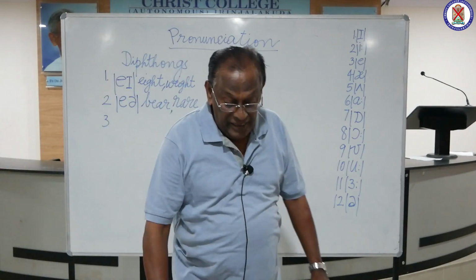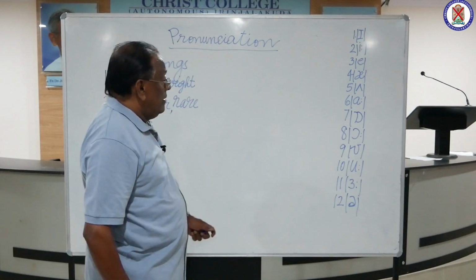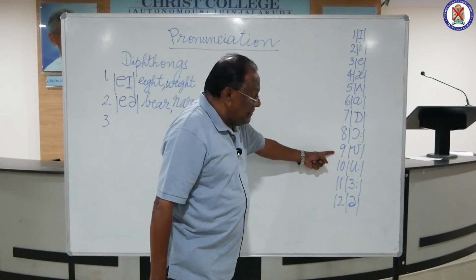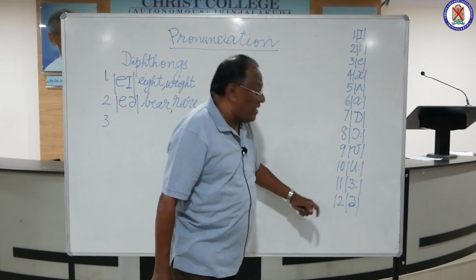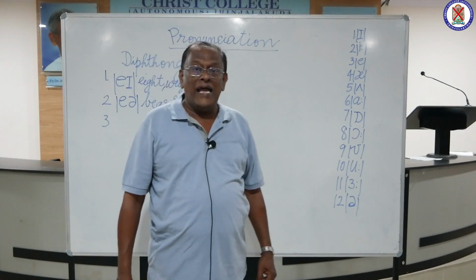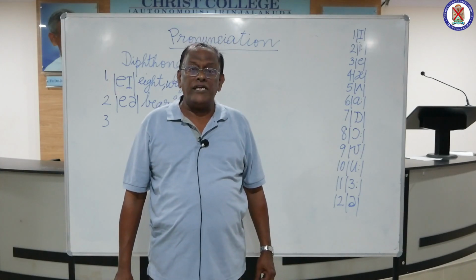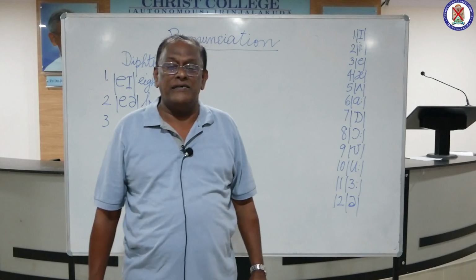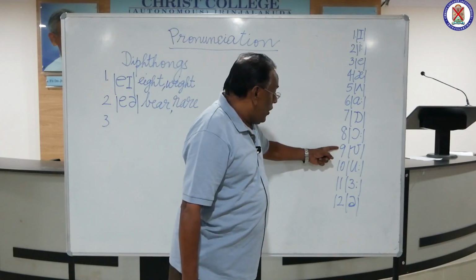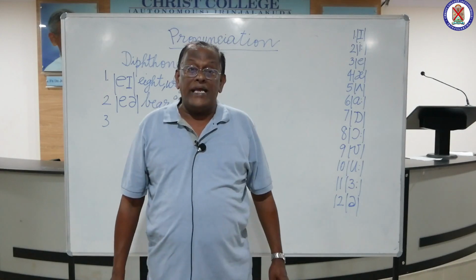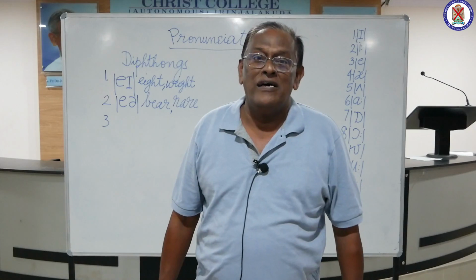Diphthong number 3 is a combination of number 9 and number 12. What happens when you combine them? We get the sound oo.